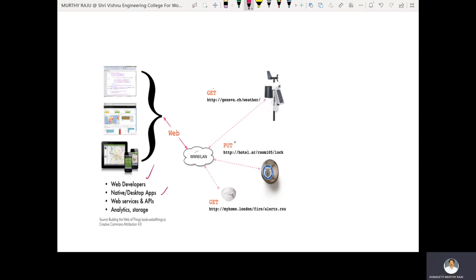Here we use GET and PUT to get or retrieve information. GET means a request to retrieve a record. HTTP is an application layer protocol. At the Geneva location we get the weather condition, retrieving the information by using this URL.